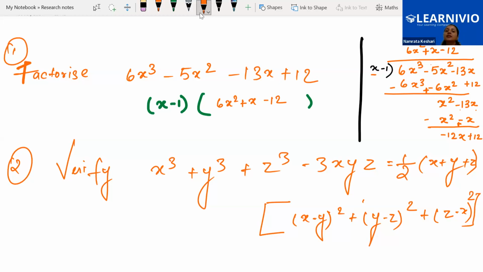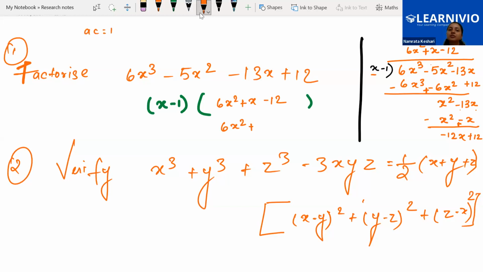We need to factorize 72 in such a way that those two numbers added or subtracted together will make 1. What can be taken?